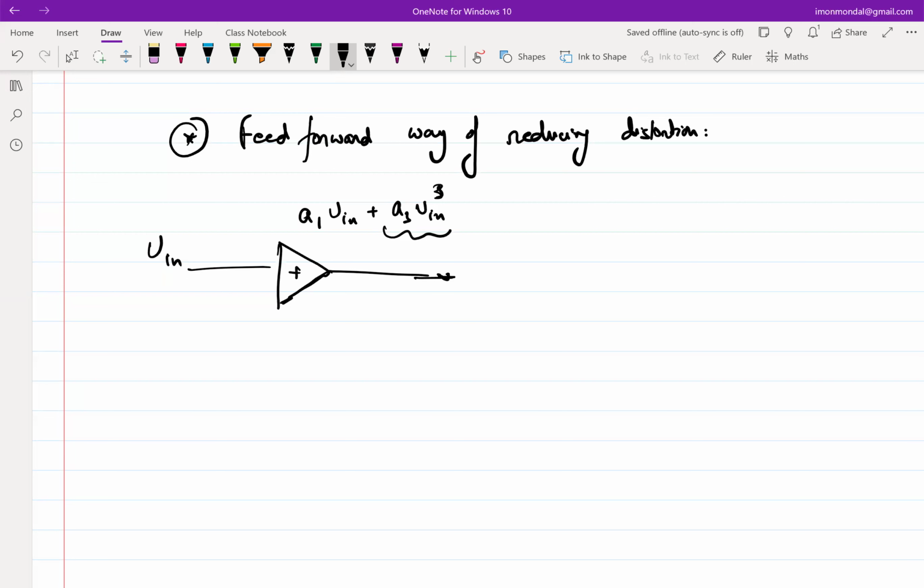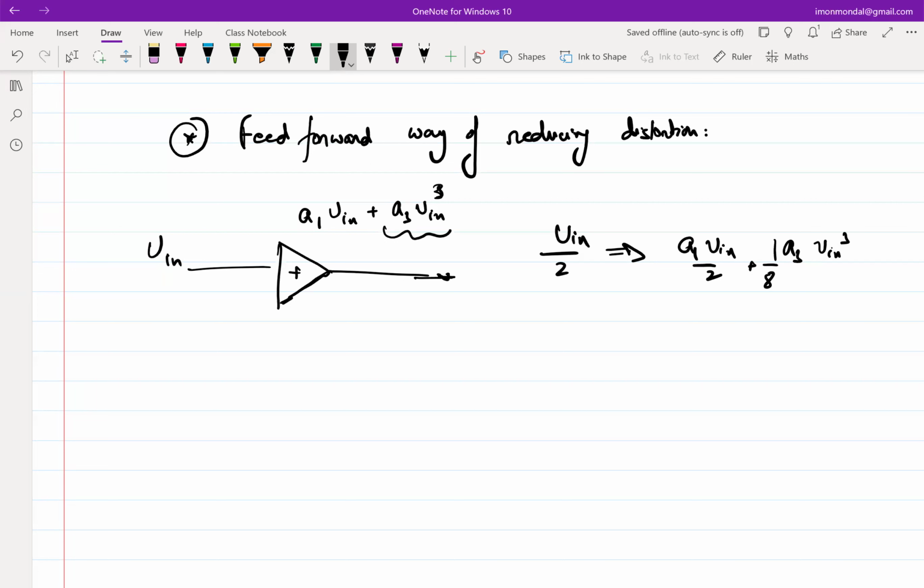Because ultimately, let's say instead of V in, I apply V in by 2. I am applying V in by 2 because it is easier to apply a scaled down version than a scaled up version, obviously. If I apply V in by 2, your output will be A1 V in by 2 plus A3 V in cube by 8.